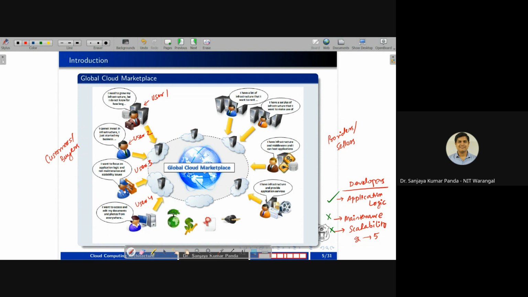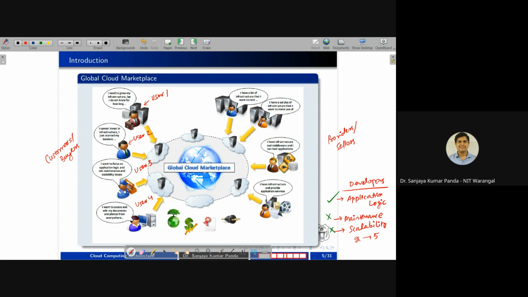Whatever work you are doing in your office, if the internet is connected to your office computer as well as your home computer, then the same file you can find at home. So at any point of time you can edit or access any particular document. That is also the requirement of a particular user.